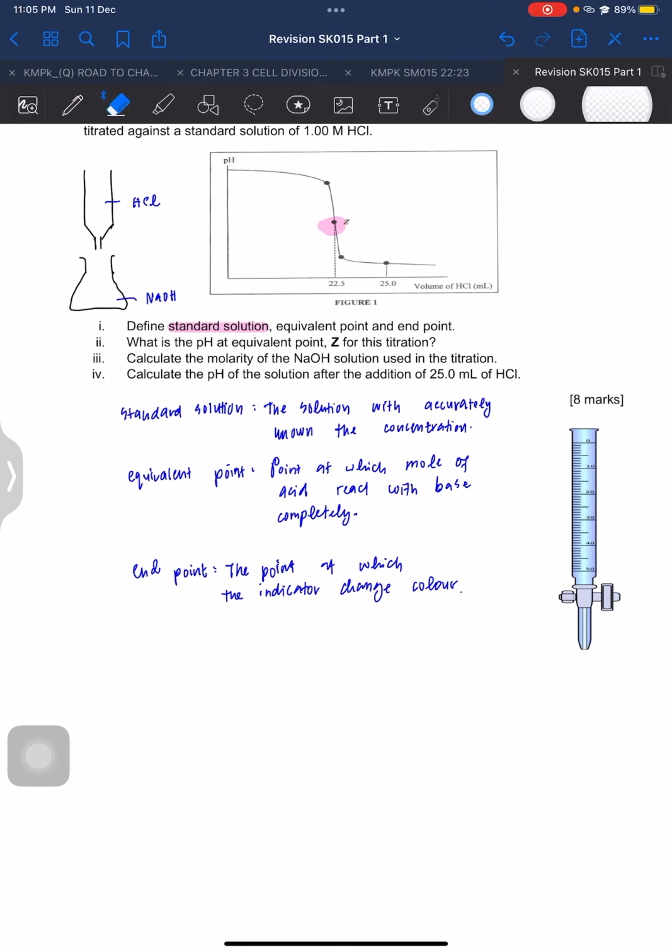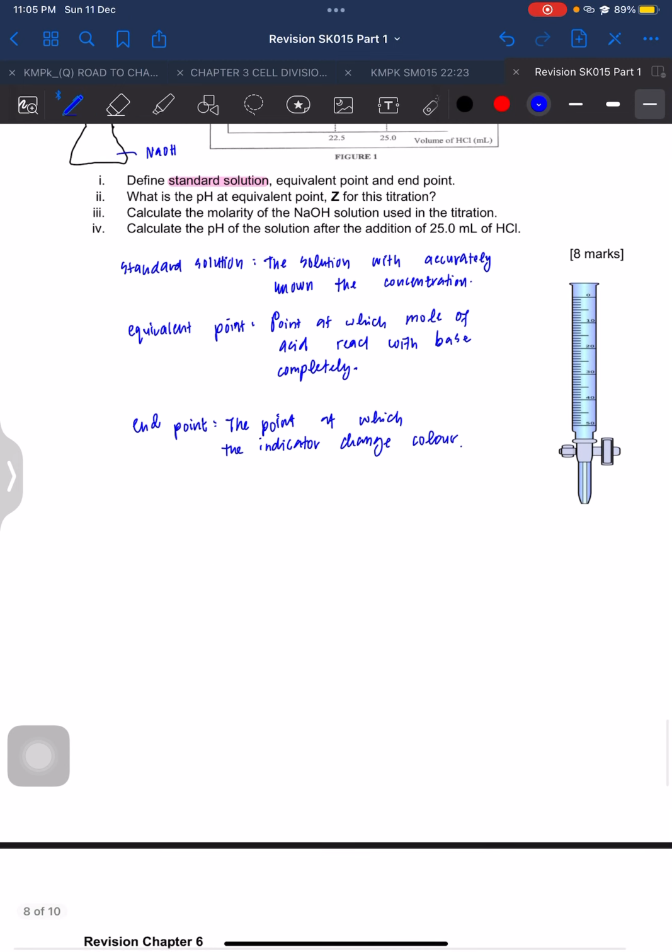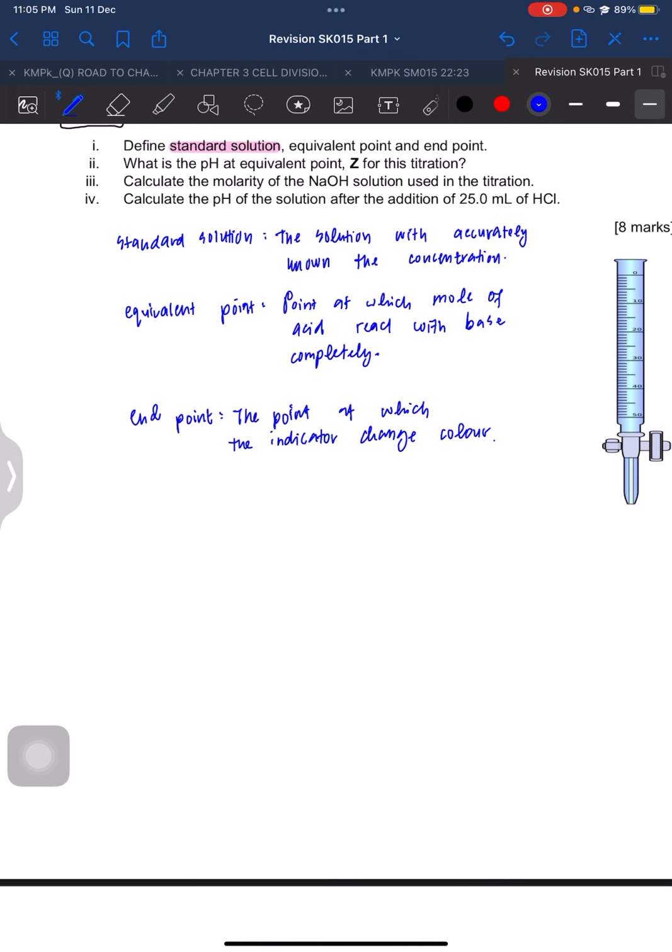Okay, and bear in mind, we write the chemical equation. When the sodium hydroxide in aqueous reacts with hydrochloric acid in aqueous, it will produce the most popular salt in the world, which is sodium chloride, and also water in liquid.